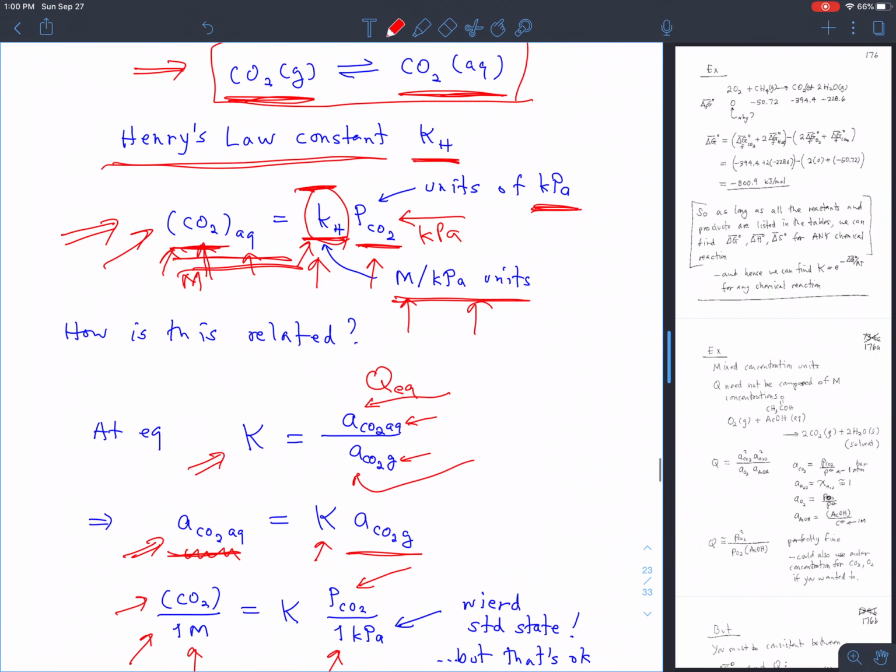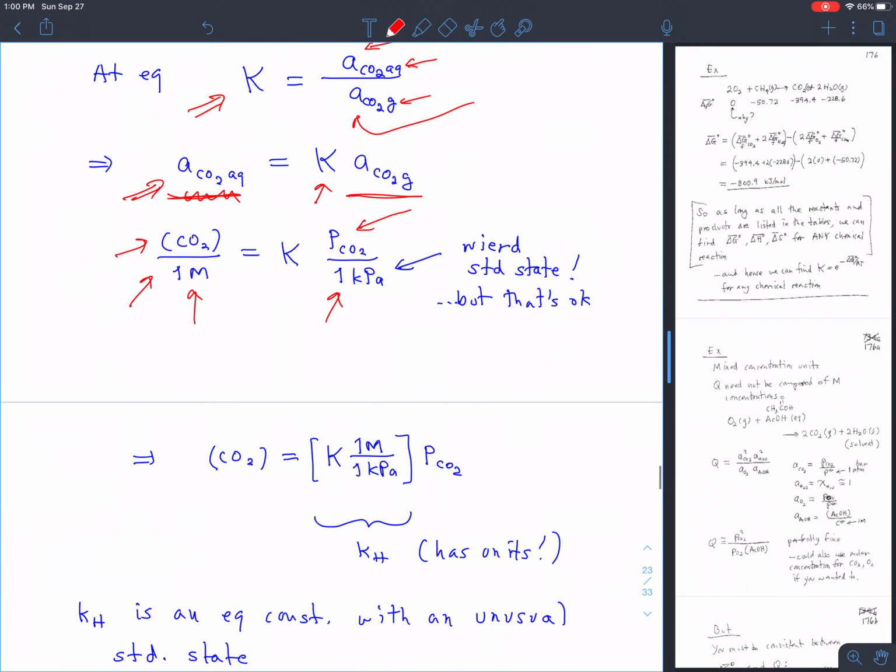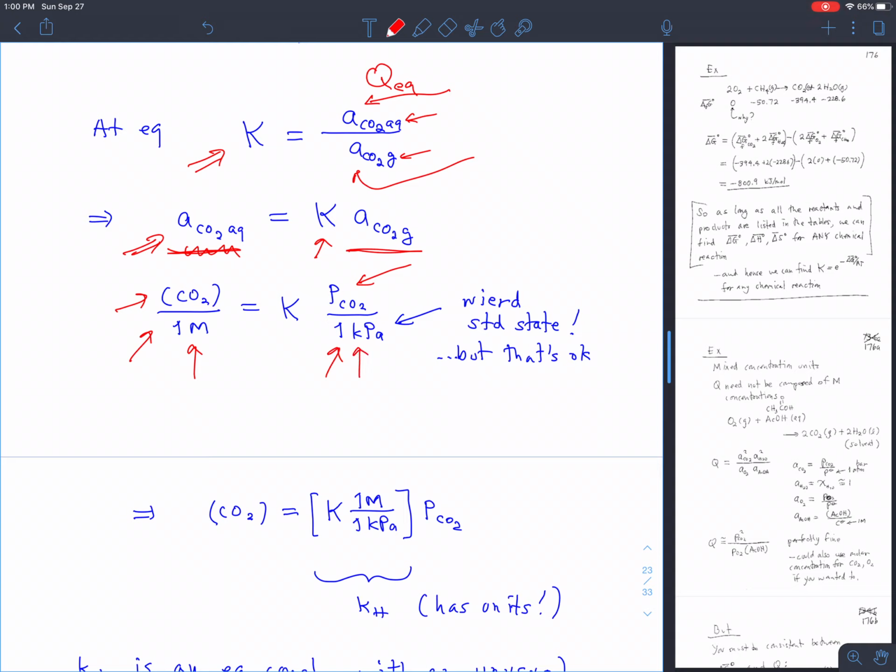But in this case, in order to match things up with Henry's law here, we want to choose our standard state pressure to be 1 kilopascal, not 1 atmosphere. And so I divide here by 1 kilopascal. That means this pressure has to be in units of kilopascals. So we're using a different pressure unit because of our different standard state.